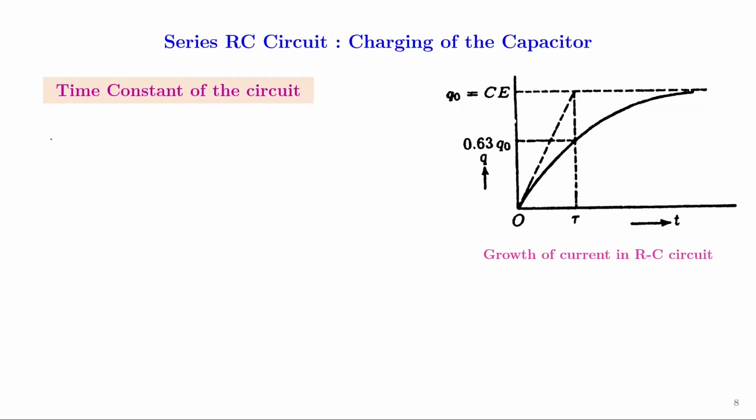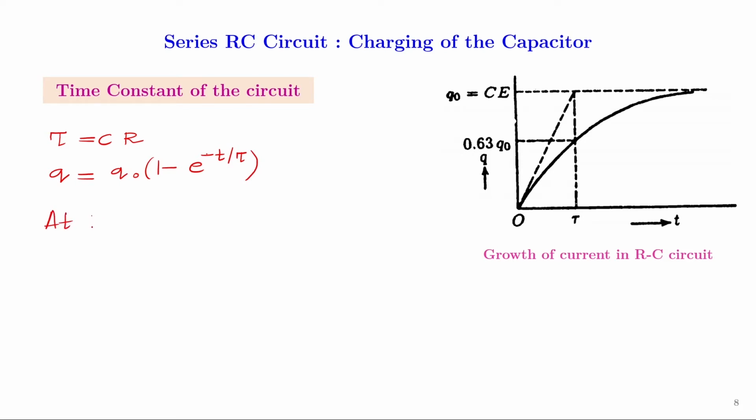We define a new quantity, the time constant, as tau equal to C times R. And in terms of the time constant, we have the charge as equal to Q0 times (1 minus e raised to negative t over tau).